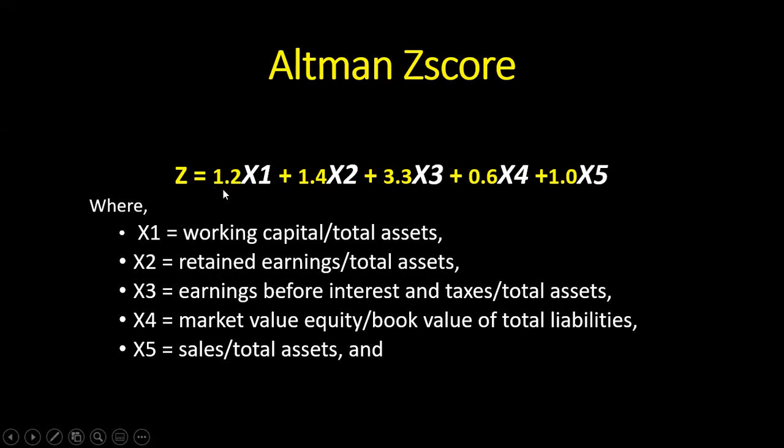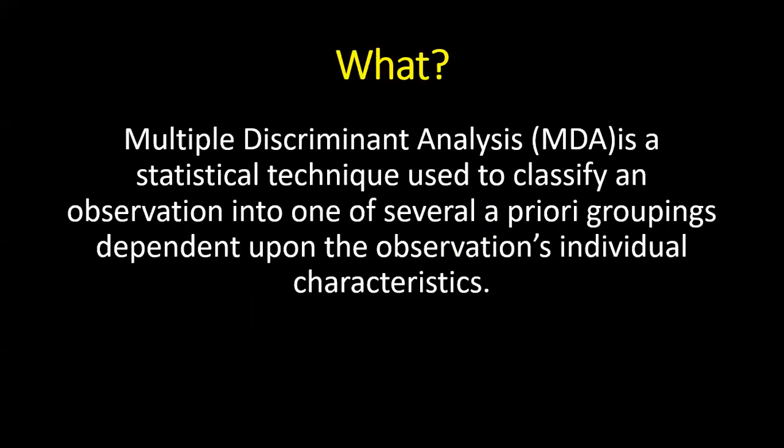But before we do that, let us also get an idea about how these coefficients were derived by the creator of the model. Multiple discriminant analysis was used to derive the weights, or coefficients.